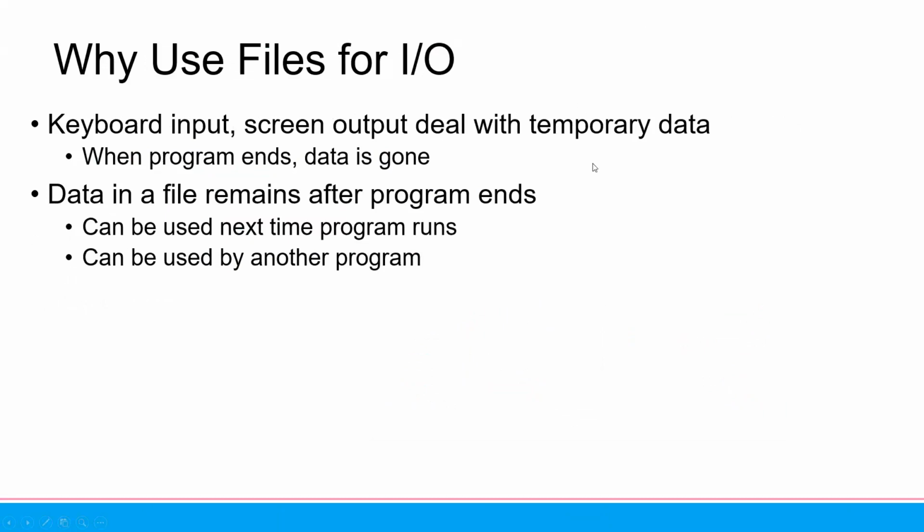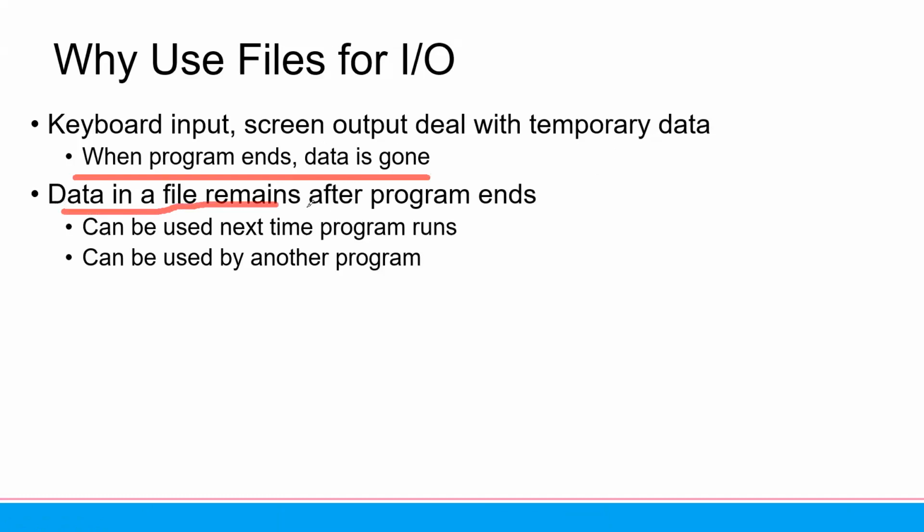After you stop your program, your data will be deleted. The same with the screen output. When you show something on your screen and stop your program, it will all be removed. So when the program ends, the data is gone.